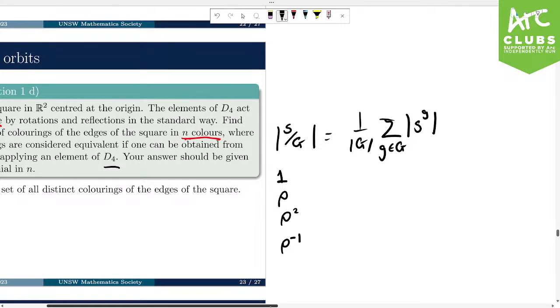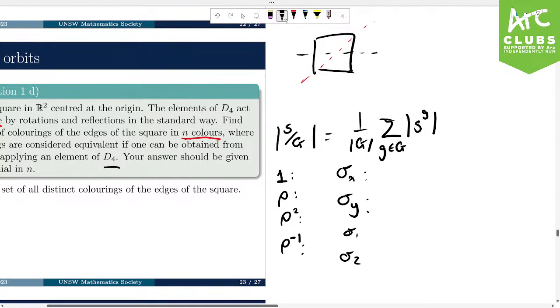So these are the rotations, but we also have 4 reflections. We can reflect along a pair of edges, which we call sigma x and sigma y, and then we also have reflections along the diagonals, which we call sigma 1 and sigma 2. All we have to do now is count the size of the fixed point sets of each of these elements, sum them up, and divide by 1, 2, 3, 4, 5, 6, 7, 8.